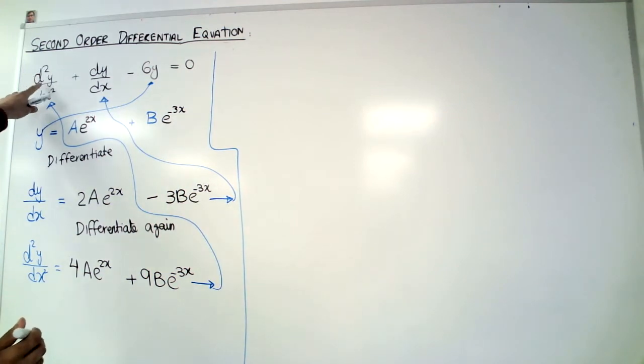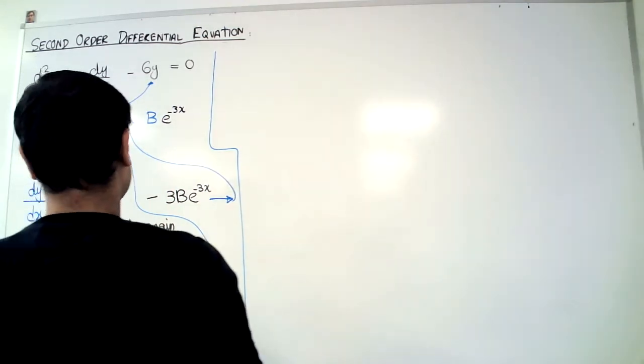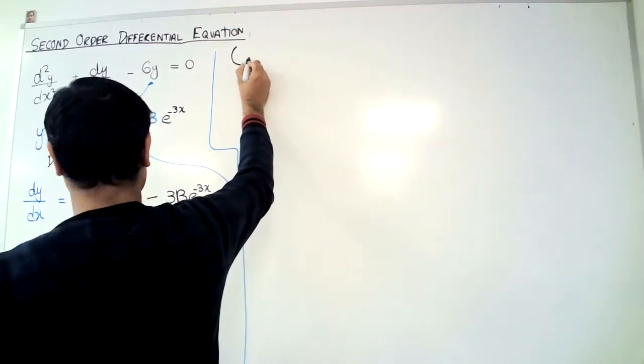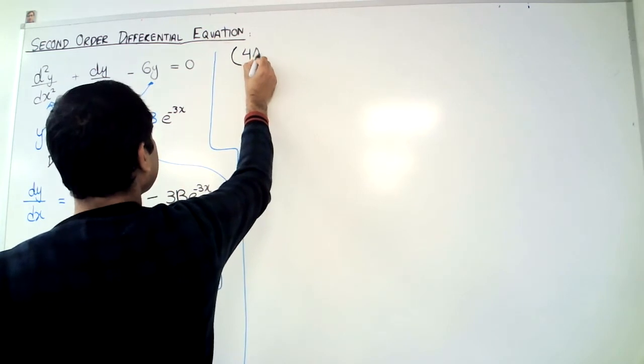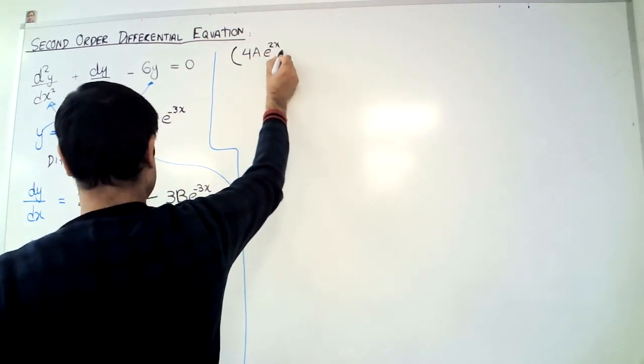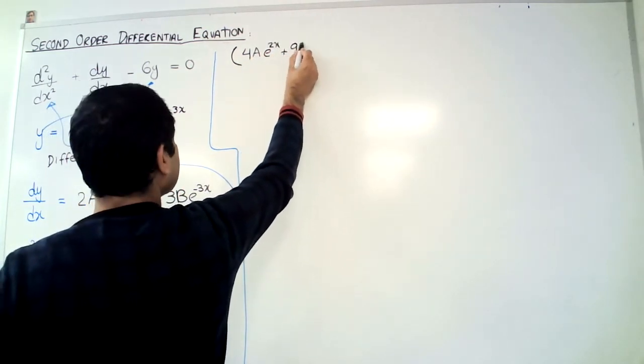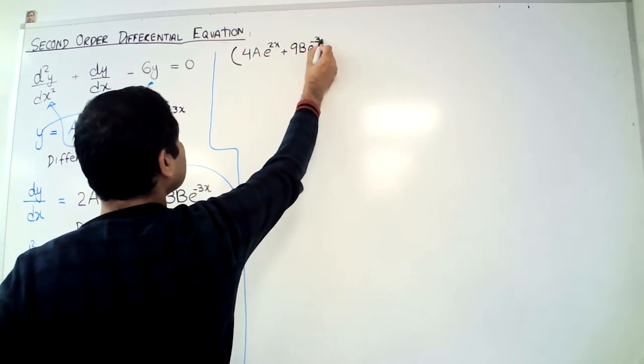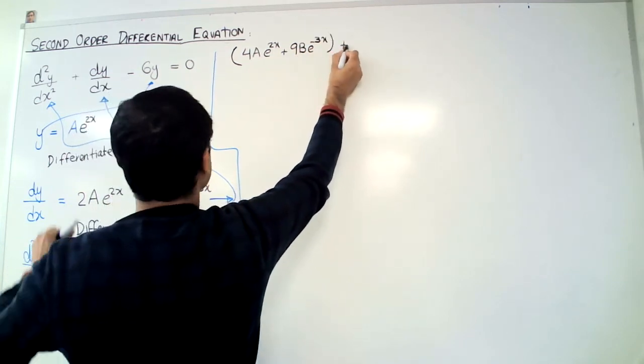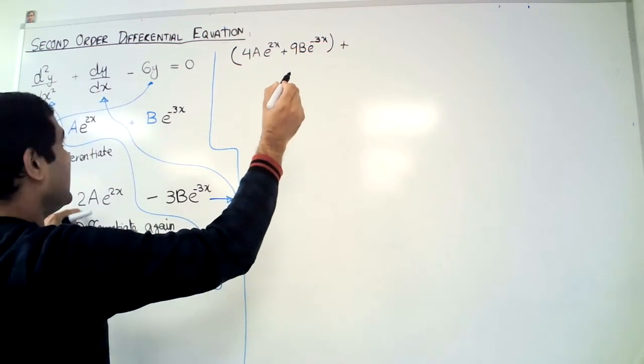So instead of d squared y over dx squared, I will put this thing, just in brackets. So that becomes 4A e to the 2x plus 9B e to the minus 3x. That's that one. Plus I need that value. This value is here.